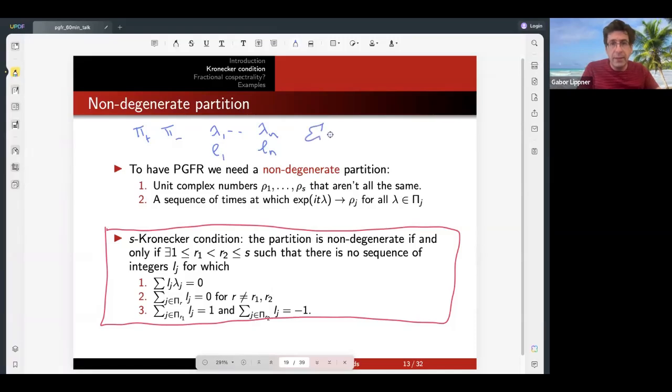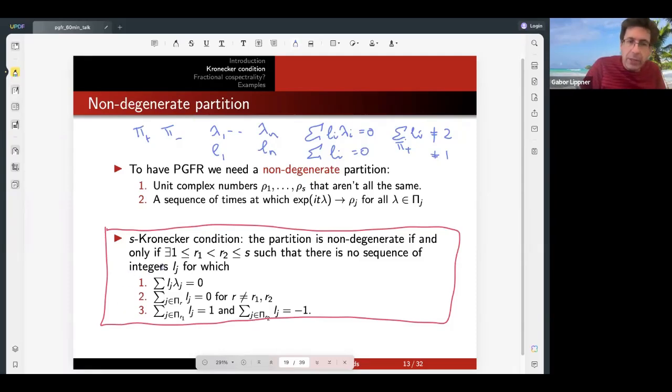And you want that the sum of the Li lambda i's is 0, and that the sum of Li's is 0. And then what you don't want is that the sum of the Li's in the plus group is non-zero. So for state transfer, you don't want this to be 2. For pretty good fractional revival on two vertices, you don't want this to be 1. And this is the usual Kronecker condition.